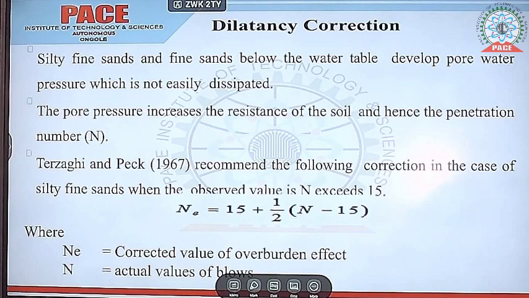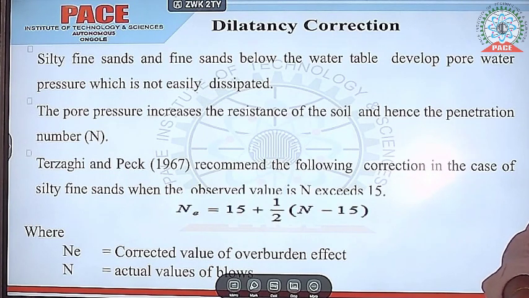For the dilatancy correction, silty fine sands and fine sands below the water table develop pore water pressure which is not easily dissipated. This pore pressure increases the resistance of the soil and hence the penetration number. So Terzaghi and Peck recommended the following correction for silty fine sands when the observed value exceeds 15: N_D = 15 + 1/2 (N - 15).